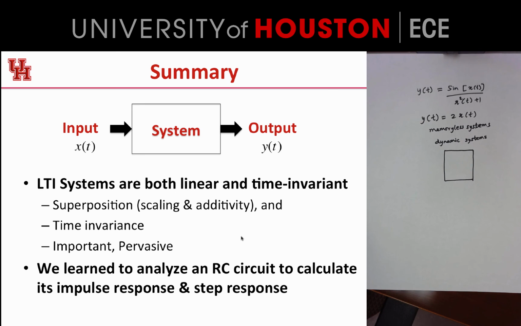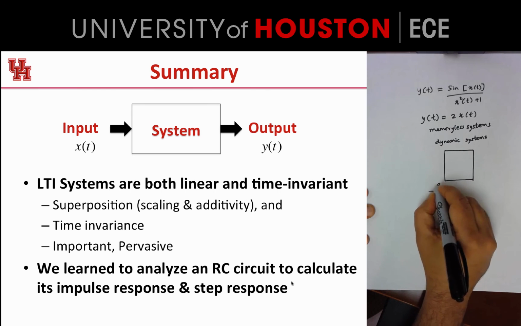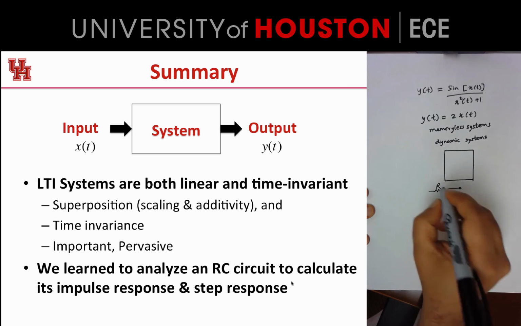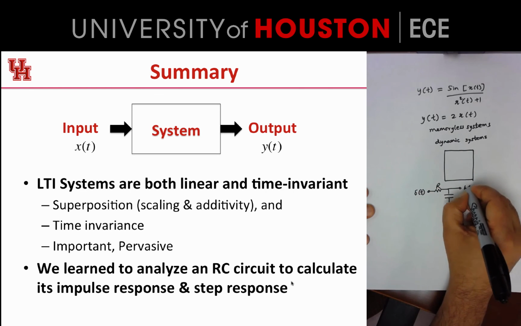Today we also learned to analyze a very simple LTI system, which was an RC circuit, and we did that in order to learn some important lessons. Some of the lessons that we learned was that we can calculate from first principles using our knowledge of circuit theory. So given our good old RC circuit, we could figure out what its impulse response was. We give it an impulse, we know the output, and we call it h of t.